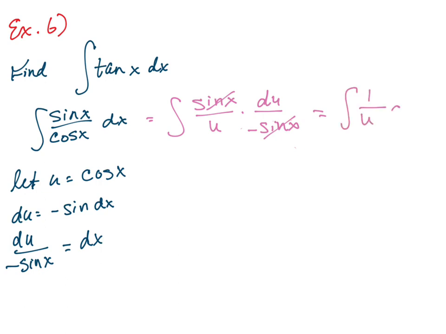Got negative 1 over u du. I could call it u to the negative 1. Remember that? Okay, so let's anti-differentiate here. Let's go u to the negative 1 over, add 1 back. So it's going to be u to the 0 over, oh man.